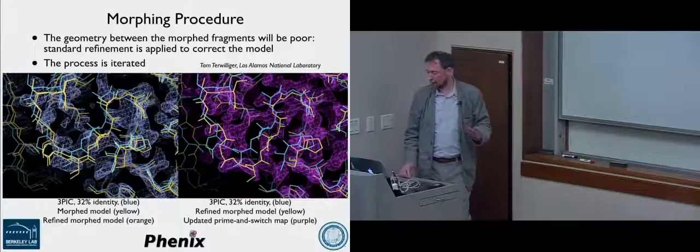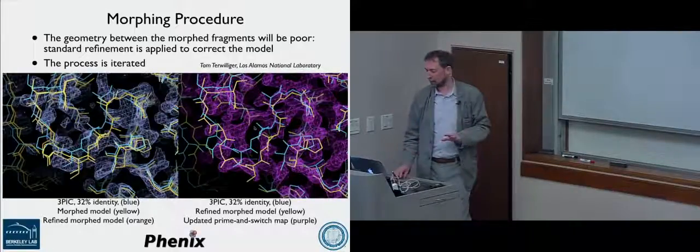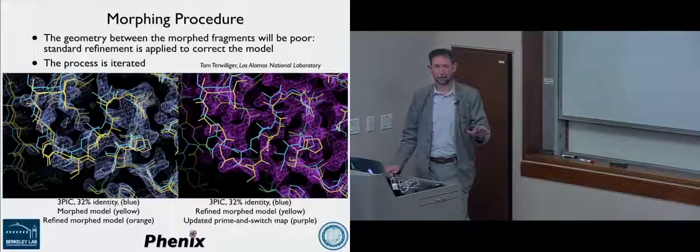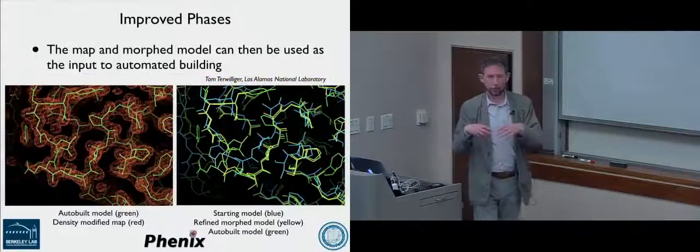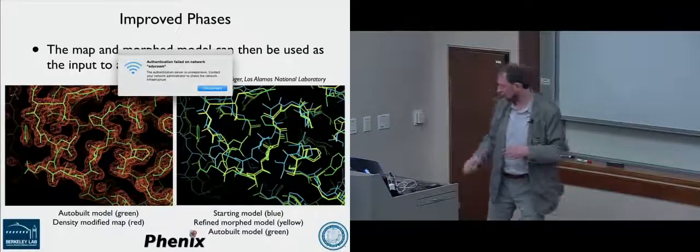But this now gives me a model from which I can calculate a new set of phases and make a new map. That's what's shown in purple here. It might not look much better, but that is a better map. You can calculate the correlation coefficient of that map to the true answer and see that it is a better map. So you can then use that map as the input and do it again. And you can do it several times.